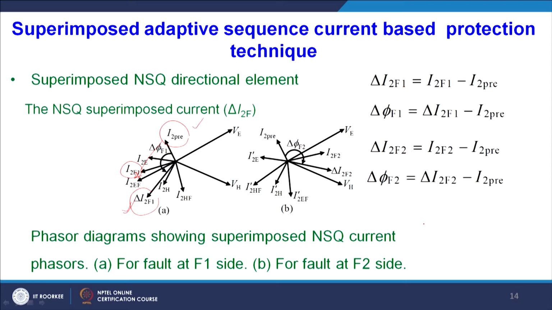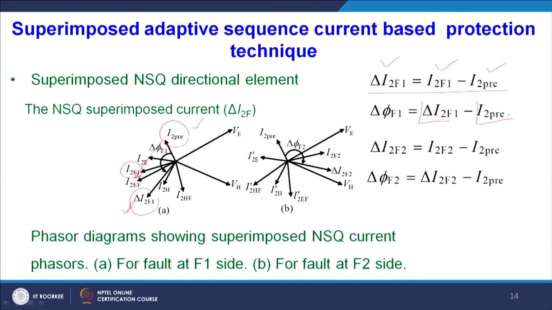Here I have written that delta I2F1 is the negative sequence fault current for the F1 position minus the negative sequence pre-fault current. After getting this superimposed negative sequence current, we have to take the angle between the negative sequence superimposed current and the negative sequence pre-fault current.